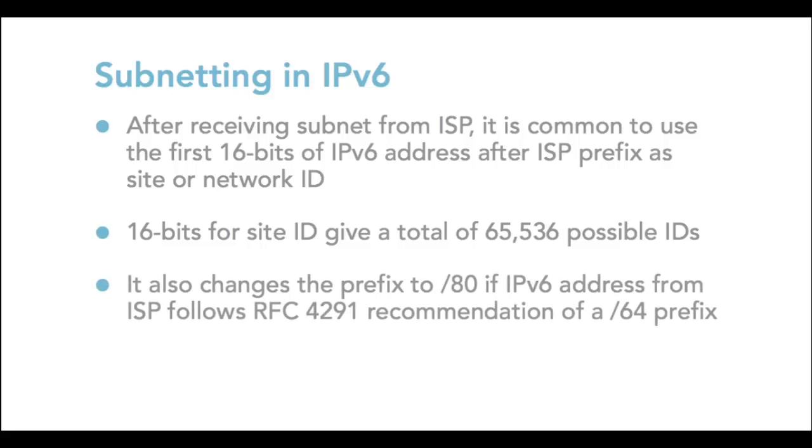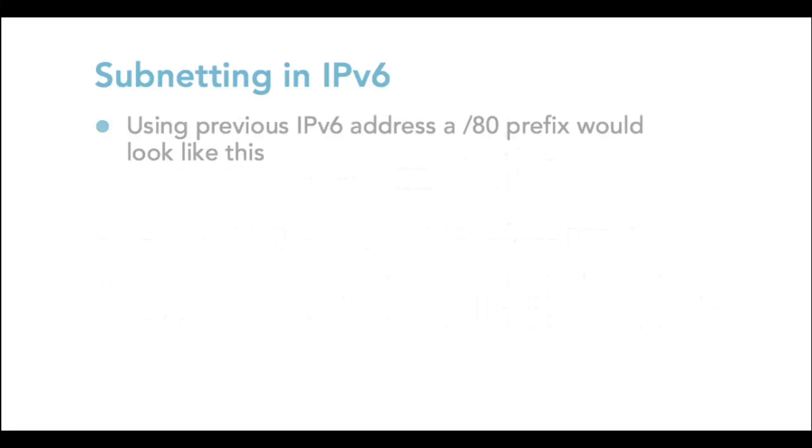Also, let's go ahead and use the 64-bit prefix required by RFC 4291, and that would mean that once we got the IP address from our ISP, we'd add 16 more bits to that, so our prefix will change from a /64 to a /80.